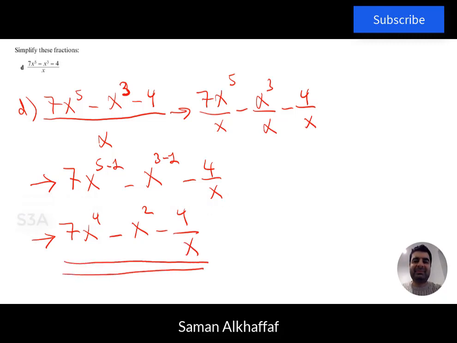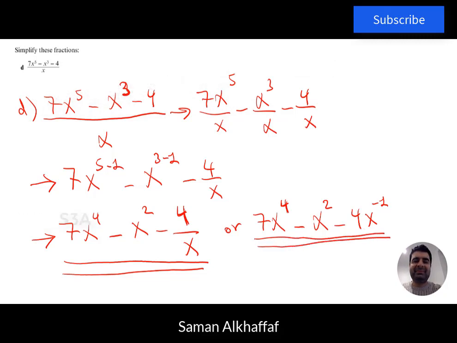We have also another way, if we want to rewrite this expression, we can write it as 7x to the power 4 minus x squared, and also we have minus 4x to the minus 1. So both representations of the answer are correct.